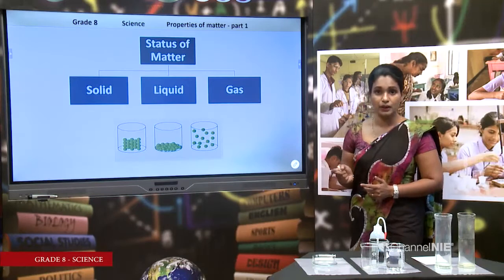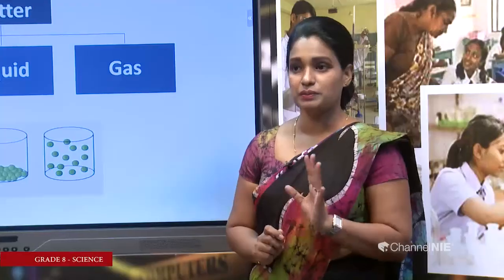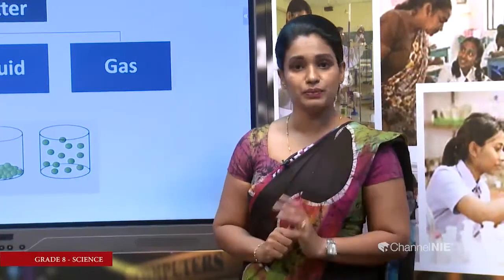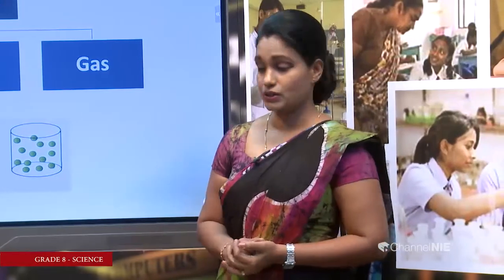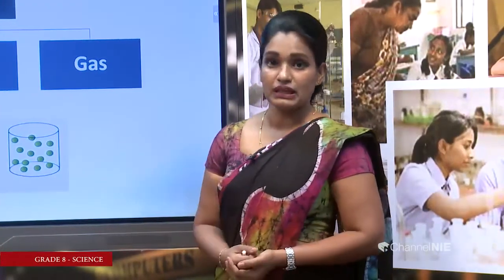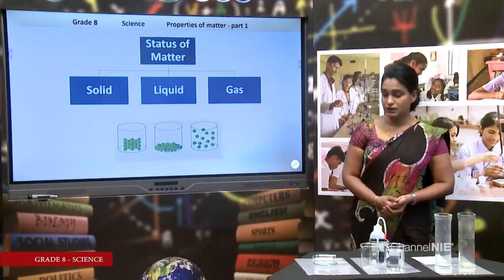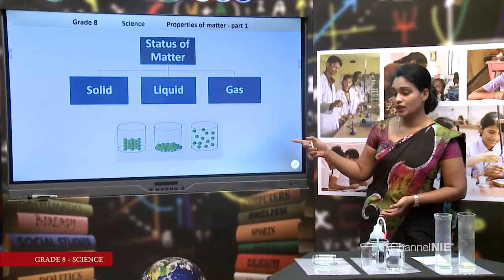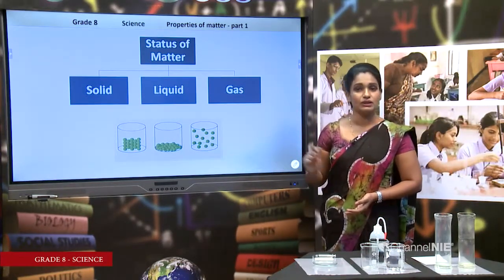In the solid, particles cannot move here and there. They just vibrate while they are at the same position. So, that is the particulate nature of the solid matter. Then see the second diagram, the liquid. Here you can see particles are loosely bound, not like in a solid.